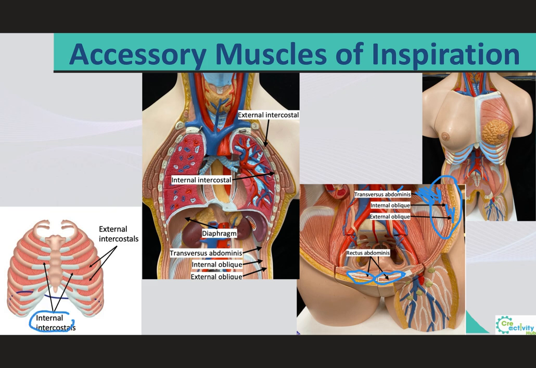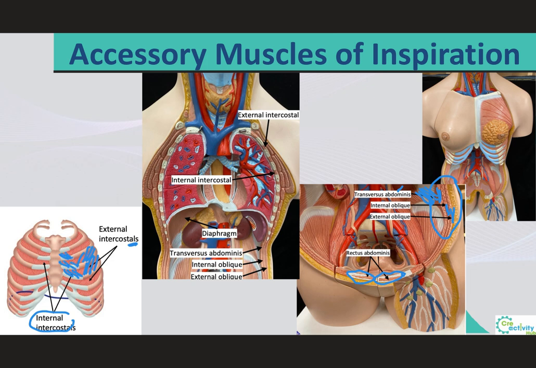Notice how the internal intercostals, not only are they located more internally, so closer to the sternum, when compared to the external intercostals, which are located more laterally, but also notice how the fibers run in opposite directions. The external intercostals run from outside towards the inside, and the internal intercostals run from the midline towards the lateral side.